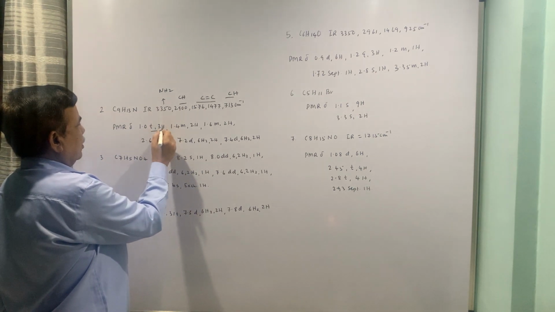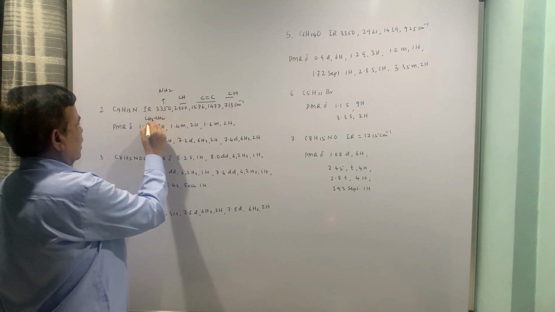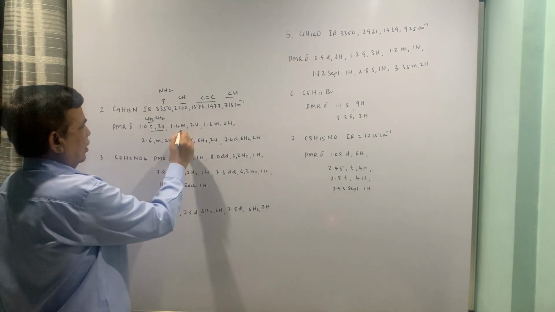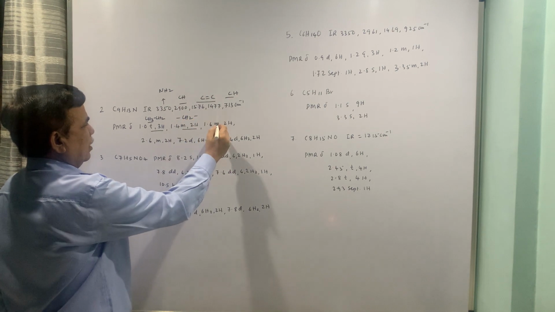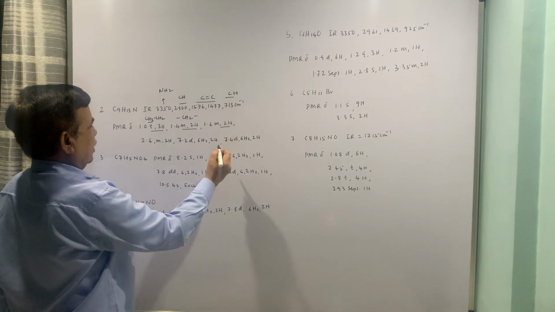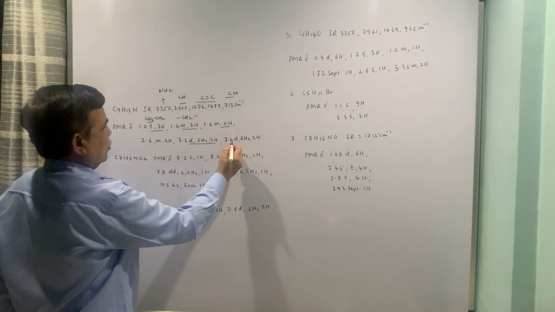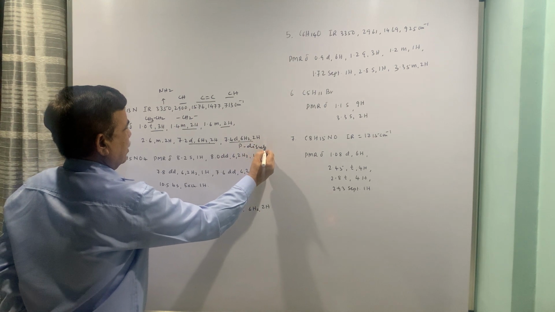3 proton triplet, that is CH3 CH2. I am just underlining the proton. Multiplet CH2, maybe CH2 is flanked by so many groups. Then these two suggest a para disubstituted ring.